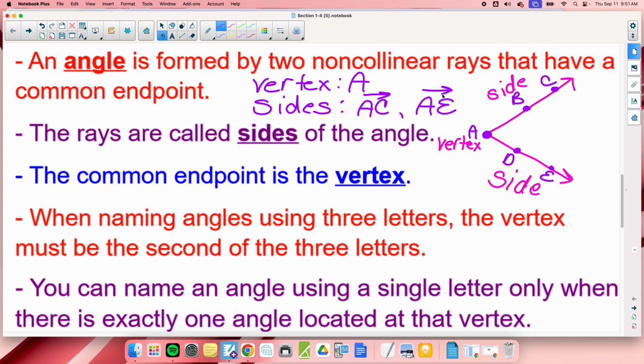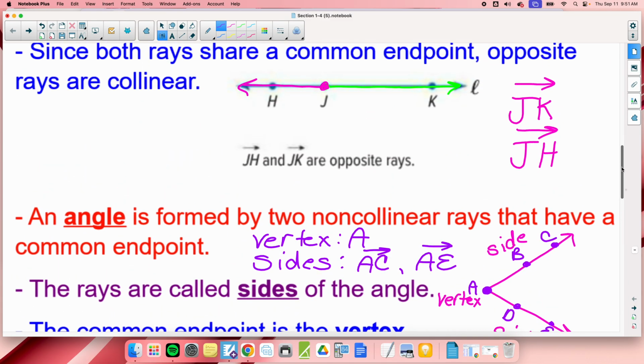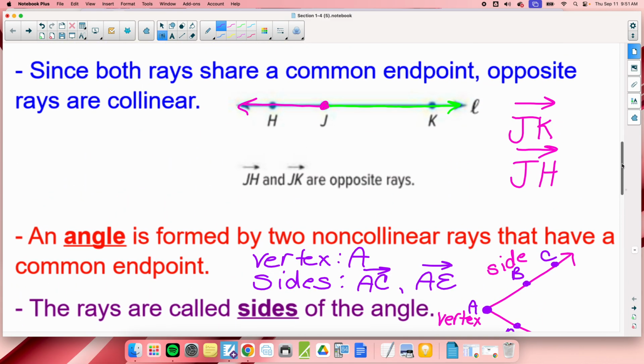Sometimes today you'll see in our examples that we go over together something like this, and this point might be C, this might be A, and this might be B. They're asking you to name the sides of this angle right here.